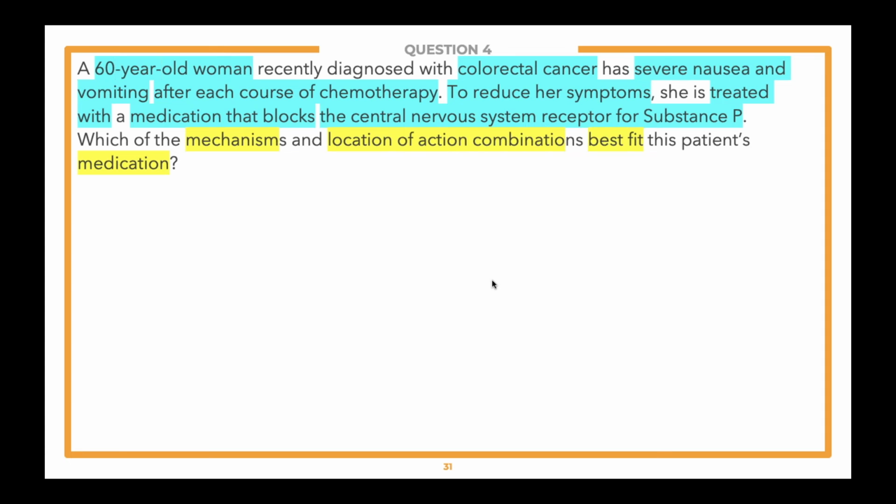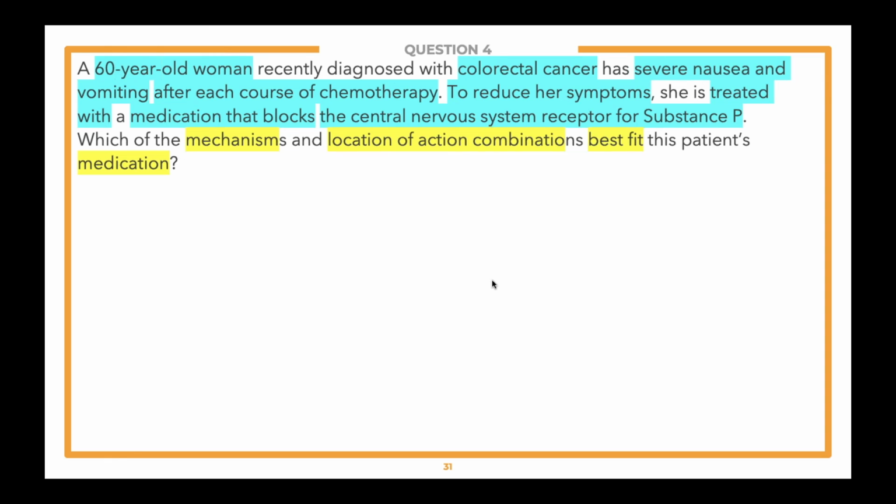We've got a 60-year-old woman, and they told us that she has severe nausea and vomiting after chemotherapy. They told us the chemotherapy is likely for colorectal cancer, okay? She was started on a medication for this, and we were told about the mechanism of that medication, okay? Now, this question is then asking us almost like a pairing question.